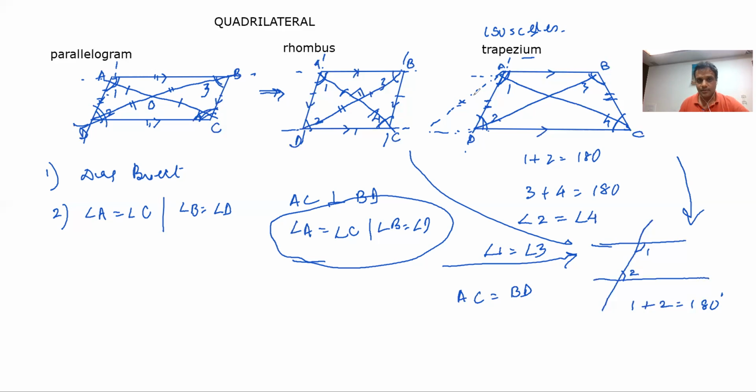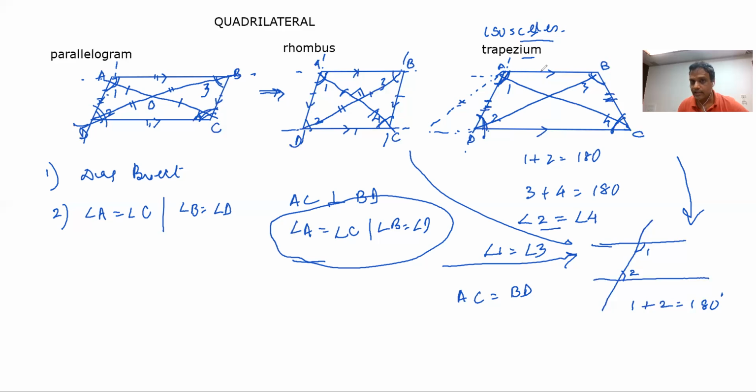right? And in the third figure, trapezium, the most important key takeaway is that if it is an isosceles trapezium, which means the non-parallel sides are equal, then their base angles, which on the bigger parallel line 2 and 4 are equal, right? 2 and 4 are equal.